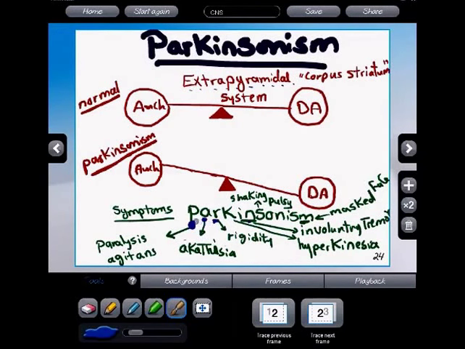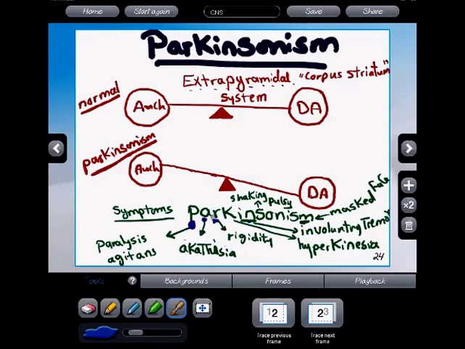And from the name Parkinsonism, I can tell you what the symptoms are. P is paralysis agitans. A is akathisia, which looks like stiffness, that is slow movement.